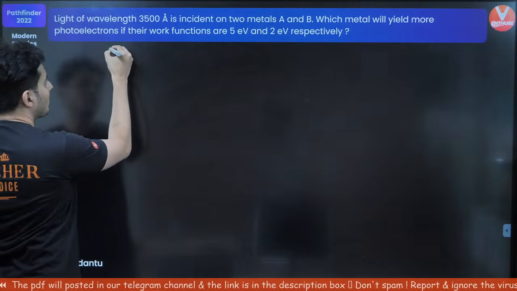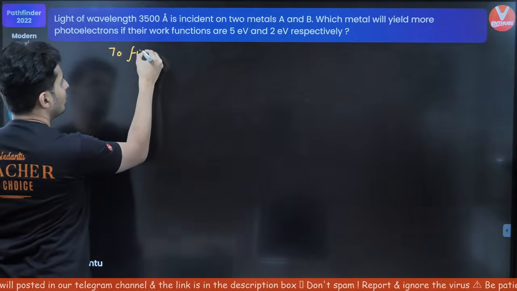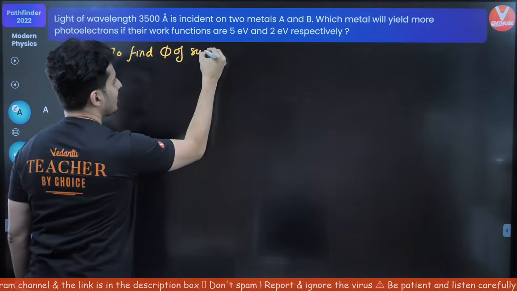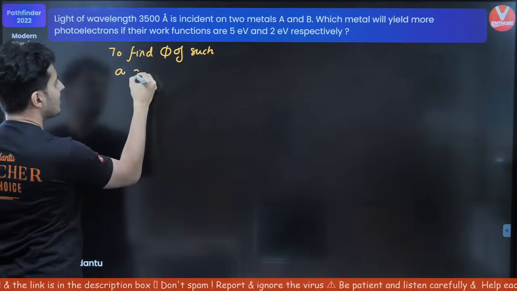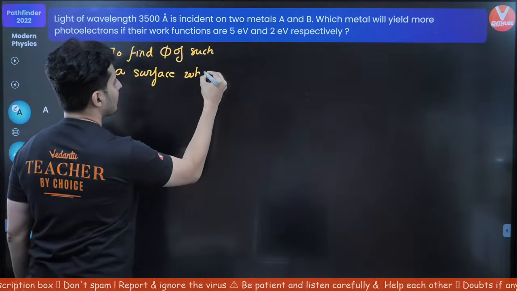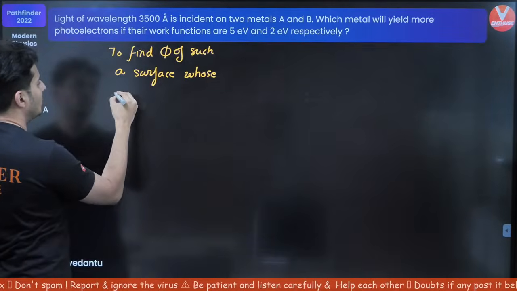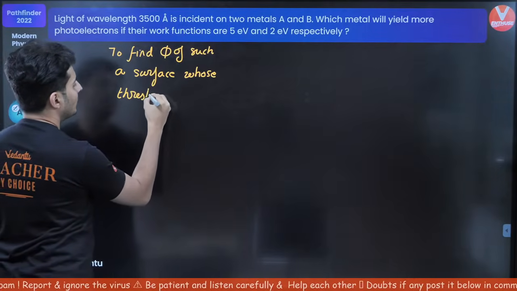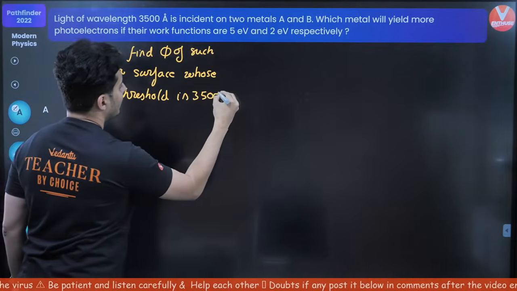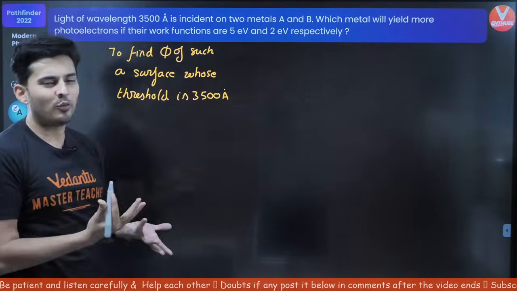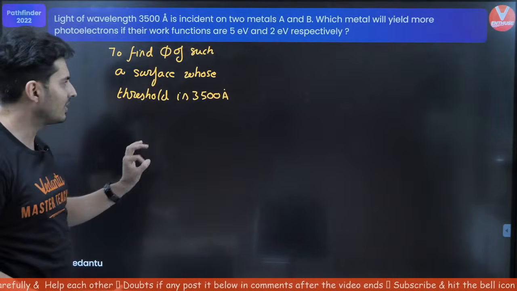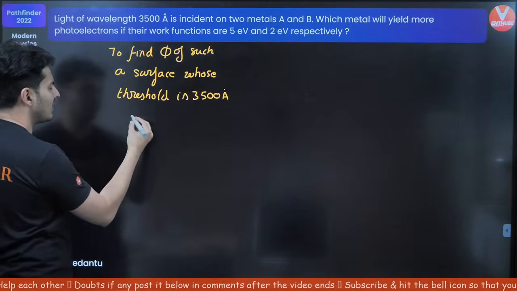Let's first find the work function of such a surface whose threshold is basically 3500 Angstrom. Basically, I'm trying to find the energy of this particular photon of 3500 wavelength. Let's find that out.